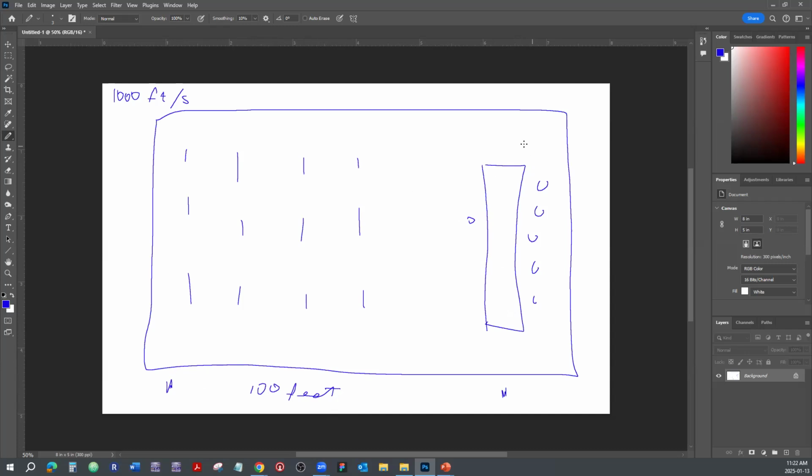So let's say we're going to run a bunch of microphones, or one microphone or a cluster of microphones, let's say overhead in the ceiling, just pointing at this area here. And over here, let's say we're going to have speakers. Here's one row of speakers, here's another row, here's another row.